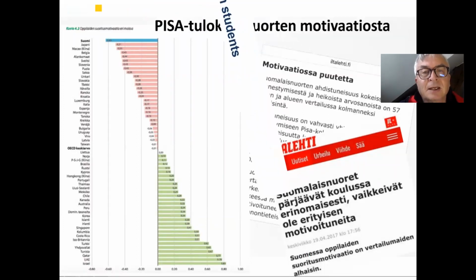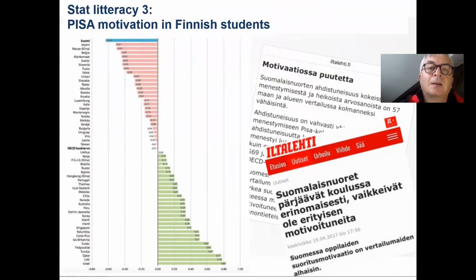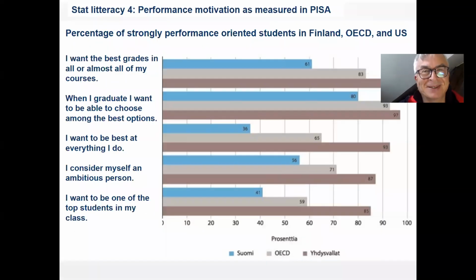Again, let's take a closer look. Okay, here we go into this. So it was not general motivation or school motivation, it was performance motivation as measured in PISA.